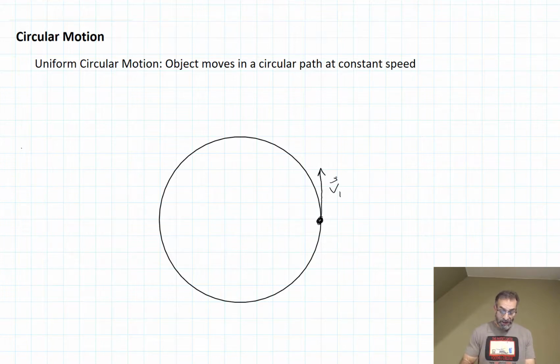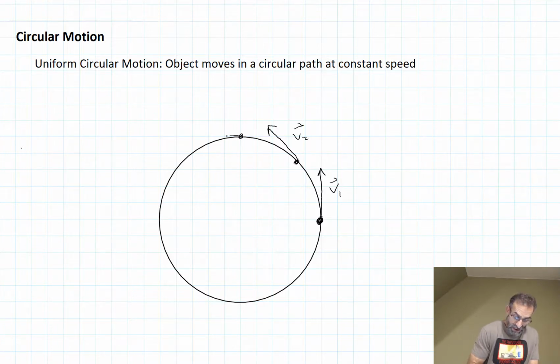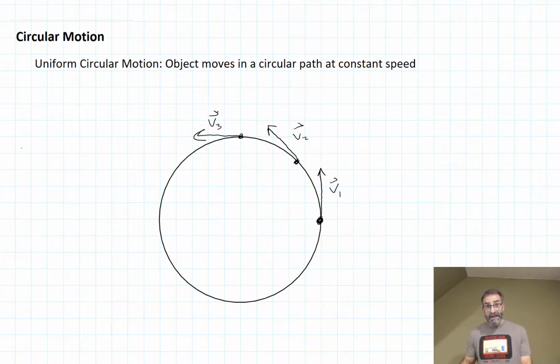Well, at some later time, the particle's going to be over here somewhere, and it's going to have a velocity that points in this direction. We'll call that v2. And at some later time, maybe it's up here, it has a velocity that points in this direction. We'll call that v3.